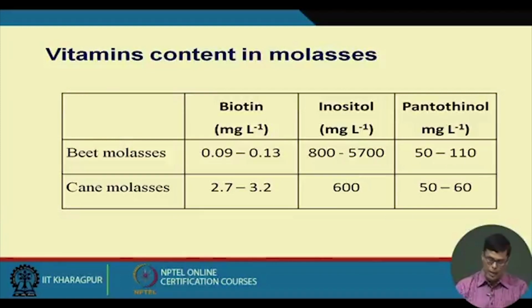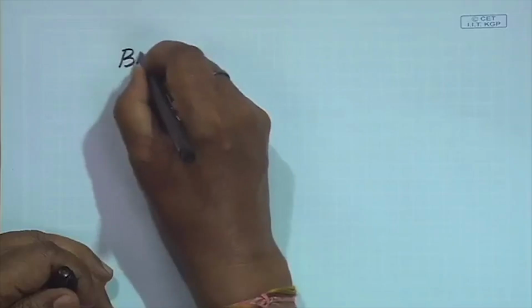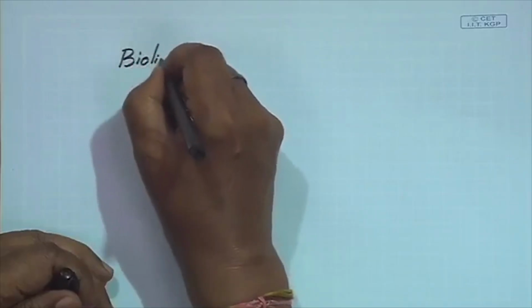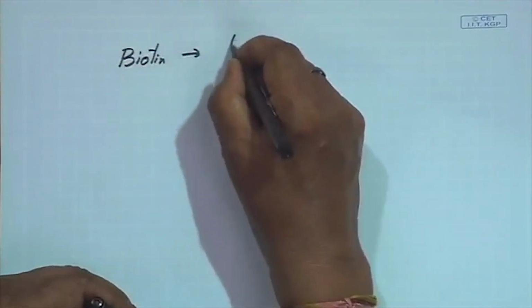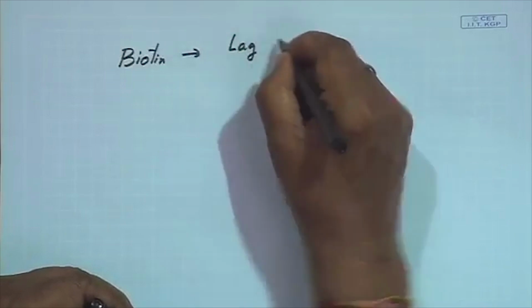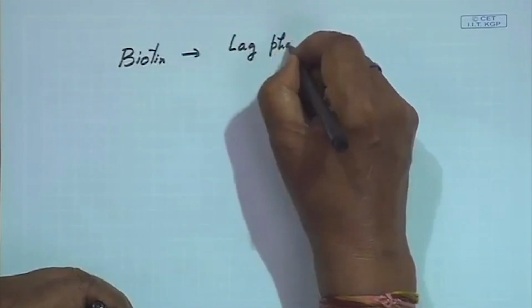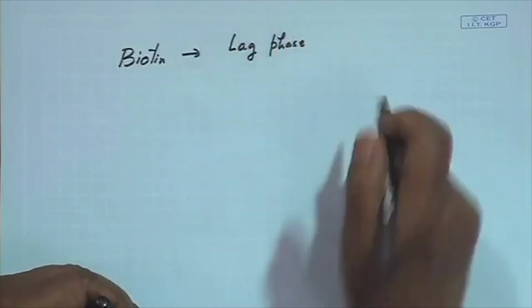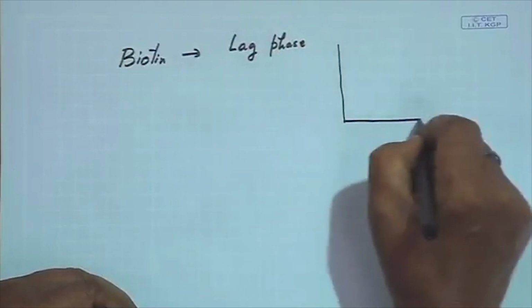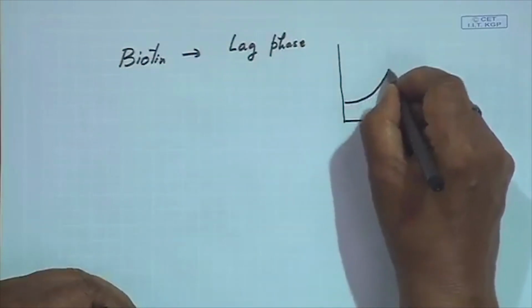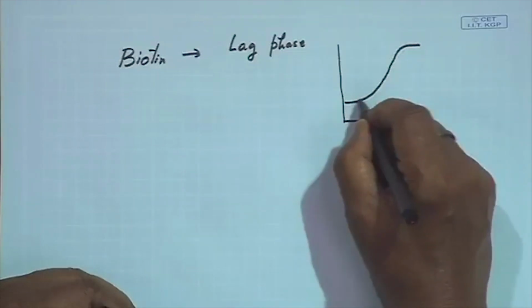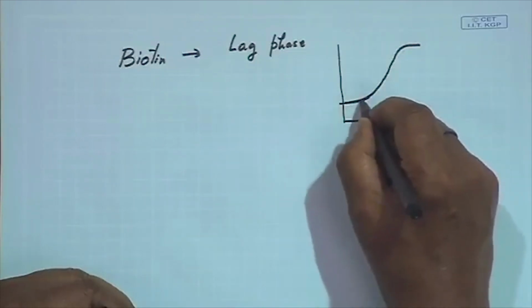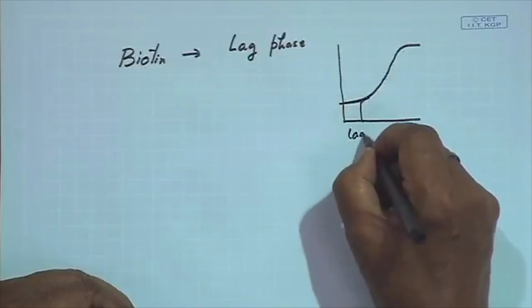Now, take biotin, for example. If your media does not contain any biotin, then the lag phase of the fermentation will increase. That is undesirable. You can remember when I discussed the growth cycle of the cell, I told you about the lag phase.